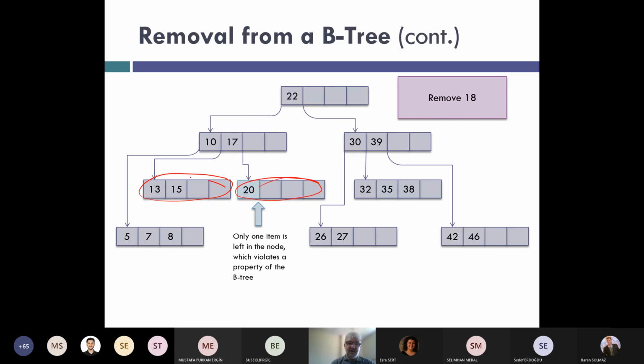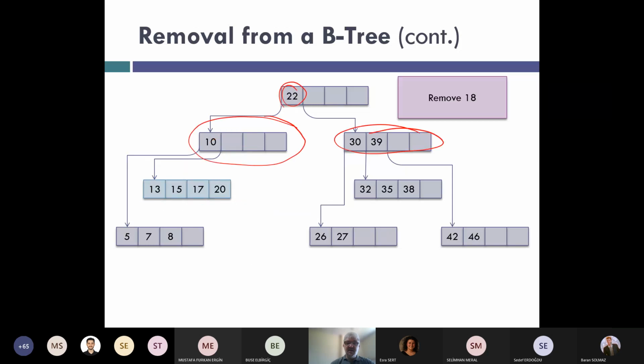This is half full. We are merging with the left sibling. We are merging with the right sibling, right? This is half full, and this is the right sibling. We can merge with the left sibling or right sibling. That's also a choice. You can do whatever you like.